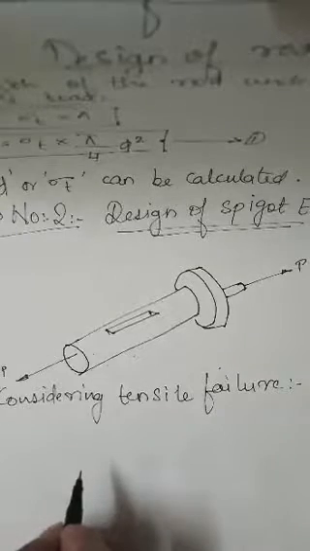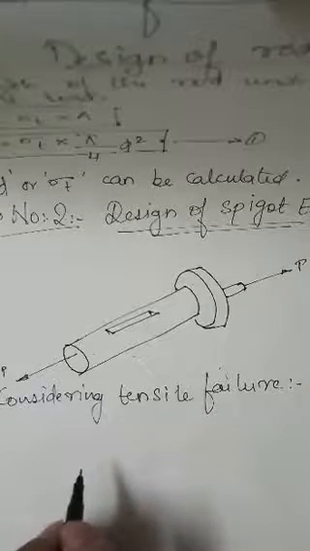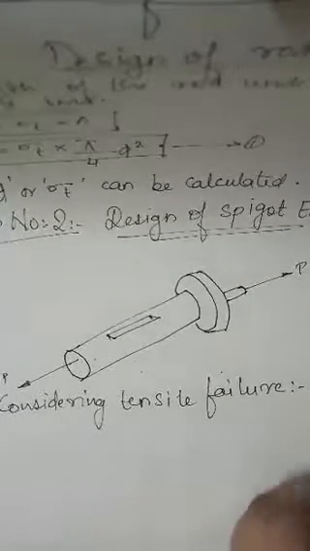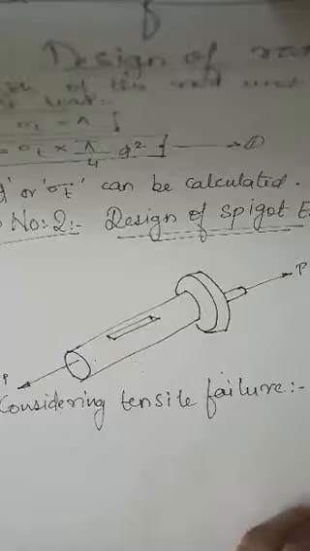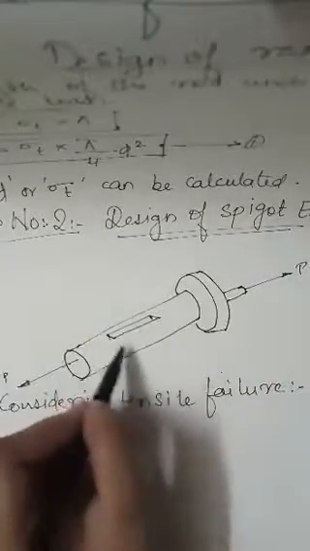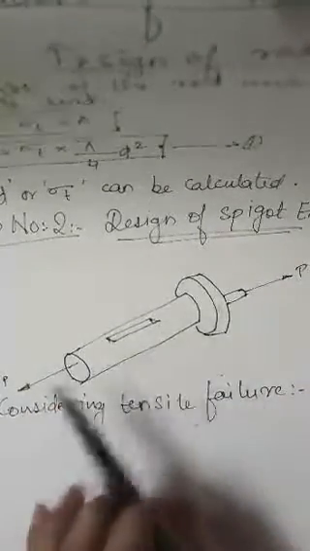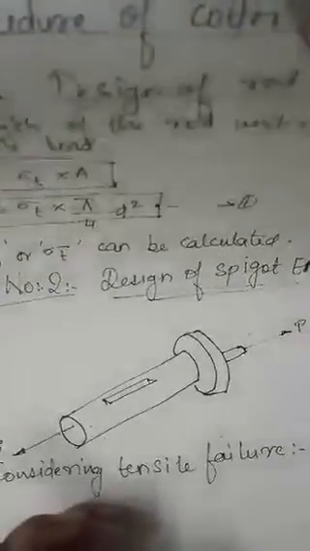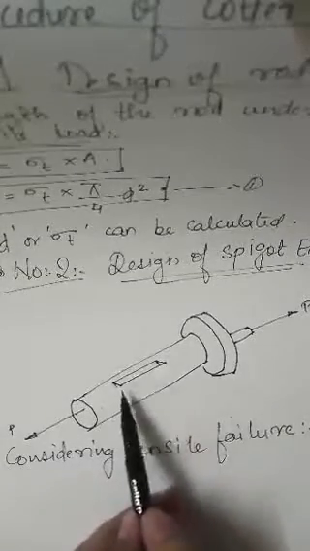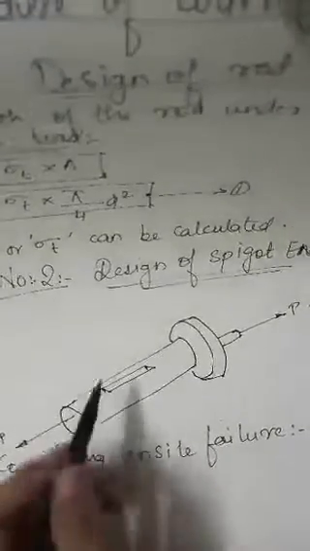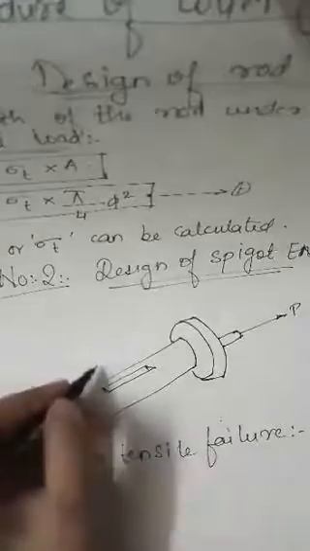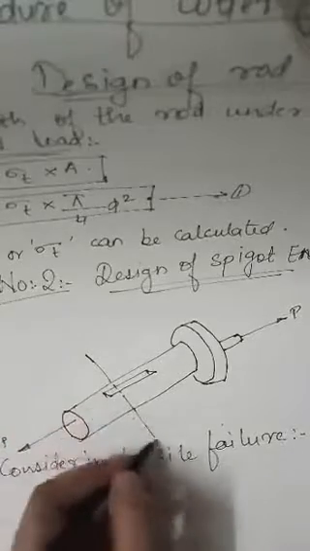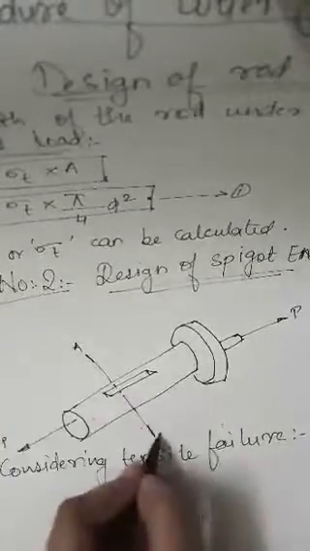Considering tensile failure, so here we will take its cross section from its weakest part, where the slot is. Now as you know, the weakest portion of a mechanism or a component is where it has a slot or a hole. So here we will consider this cross section area, cross section area AA.